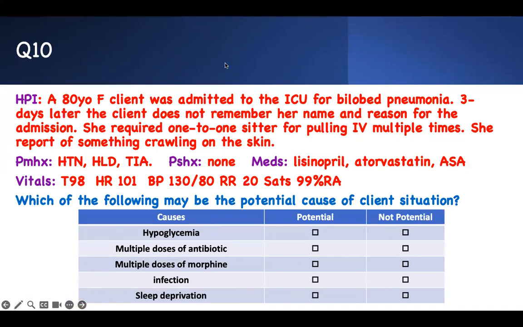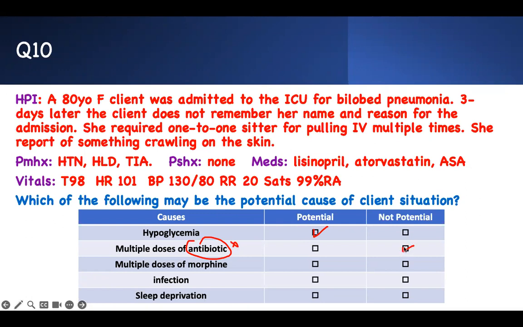Now, I want you to know, I've given you some of the information. What are the causes of the situation? Which of the following may be the potential cause of the client's situation? Other factors that can cause delirium: your glucose level is low. The patient has pneumonia and is getting antibiotics. Antibiotics don't do that. It's just helping with the infection.